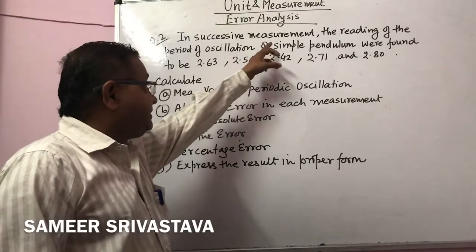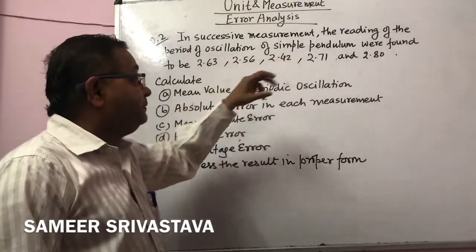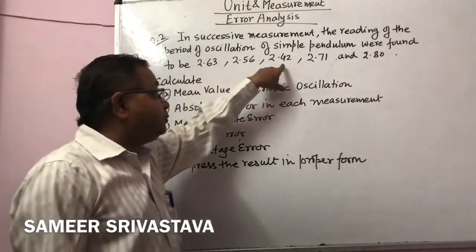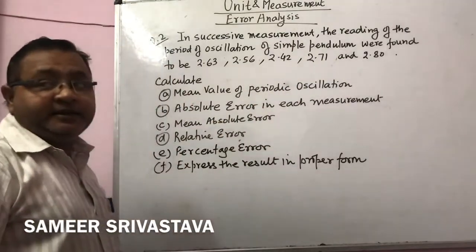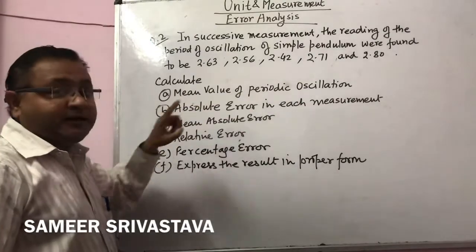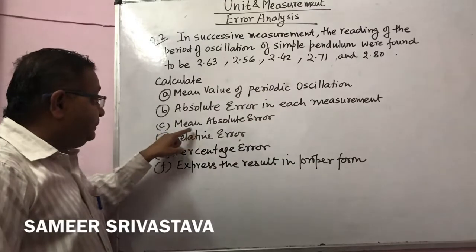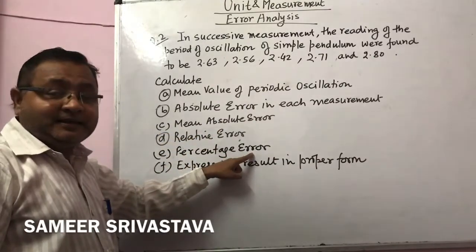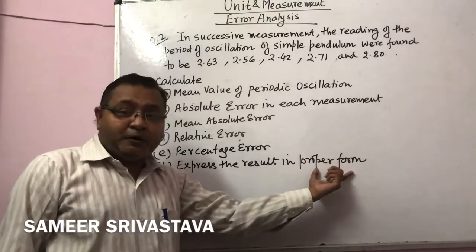In successive measurements, the readings of the period of oscillation of a simple pendulum were found to be 2.63, 2.56, 2.42, 2.71 and 2.80. Again we have to calculate the mean value of periodic oscillation, absolute error in each measurement, mean absolute error, relative error, percentage error, and one more thing here, express the result in proper form, right?